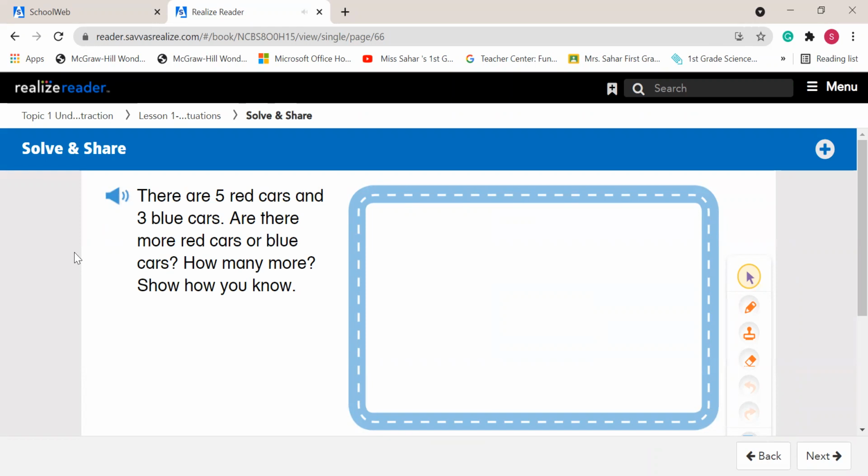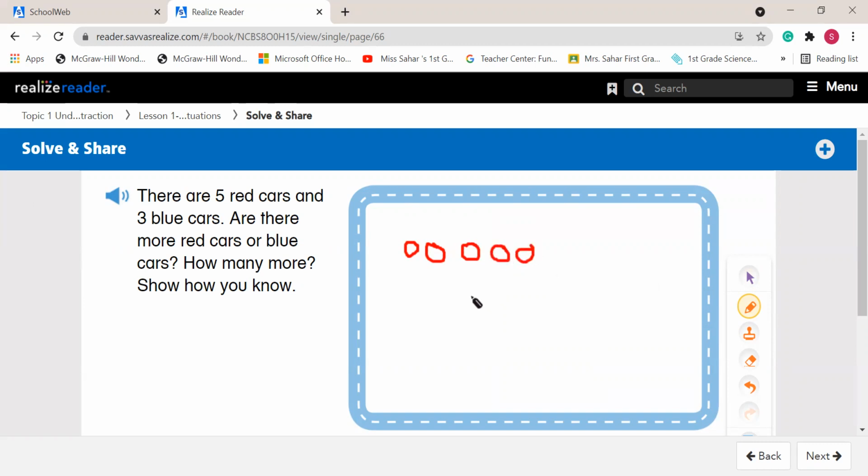So in this lesson, we'll learn to compare which part or which side has more. In this example, there are 5 red cars. I'm going to use circles to replace the red cars. How many do we have? 5. So 1, 2, 3, 4, 5.